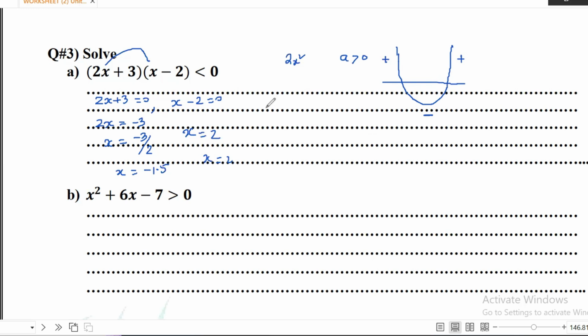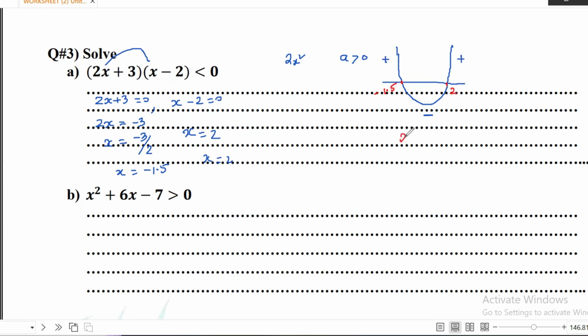Now, a negative value, of course, we will consider here minus 1.5, and the other value is plus 2. Let's suppose it is here. As we know from the start of the question, our function is decreasing because it's less than 0. So for what value of x does it become decreasing?